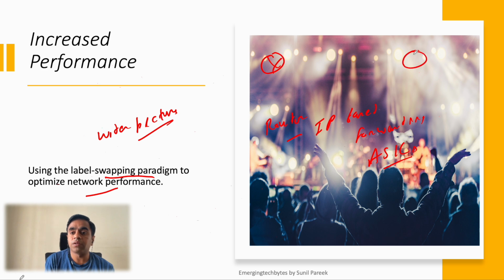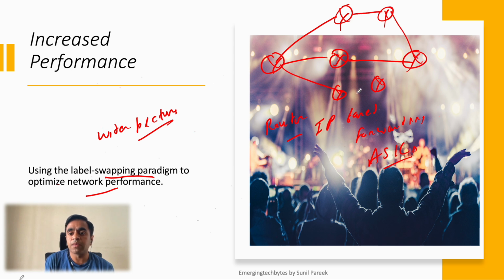For example, let's say I have a network like this, right? So let's say this is path number 1, this is path number 2, and this is path number 3. From A to B, I have 3 paths, but I will always take path number 1 if I just go with IGP.